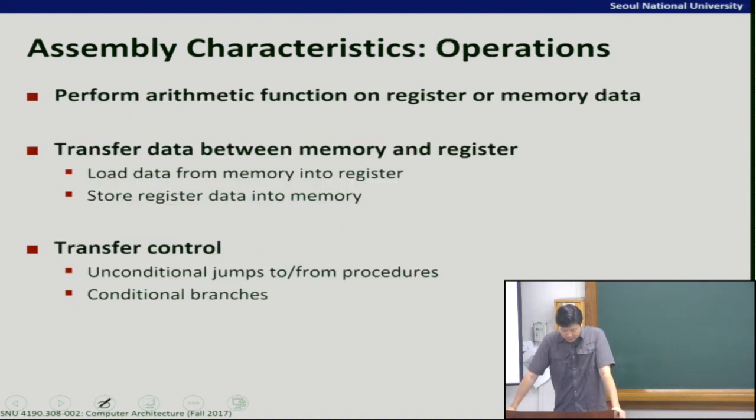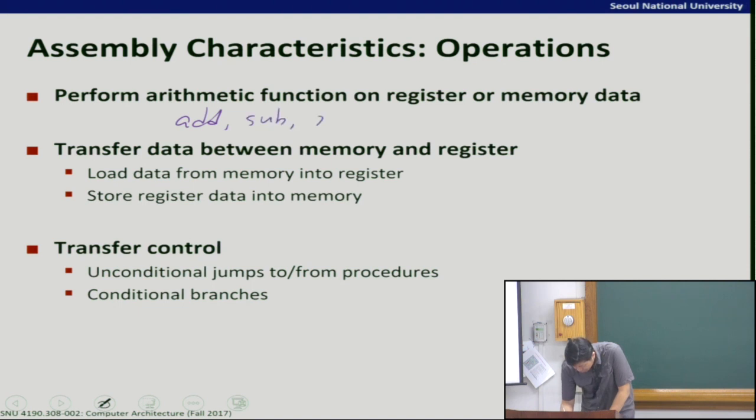What about operations? The assembly instructions perform arithmetic functions on registers or memory, and the second category of operation is transferring data between memory and register. The first includes add, sub, XOR, not, and so on.